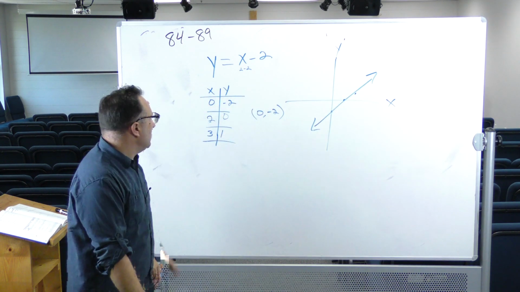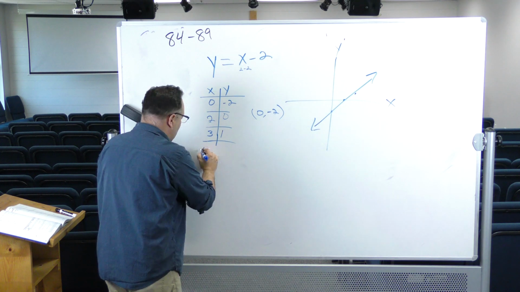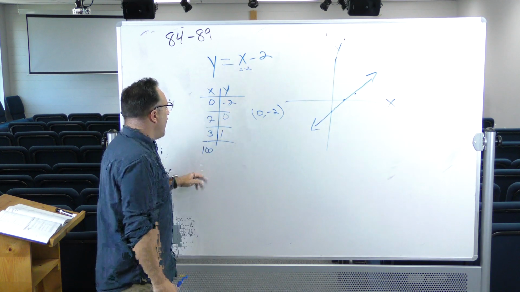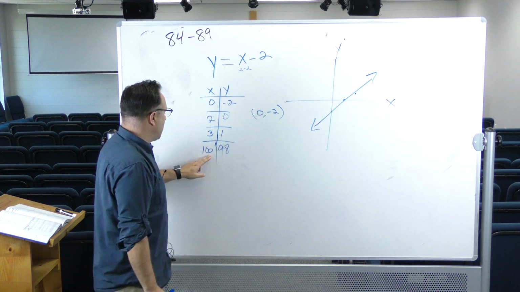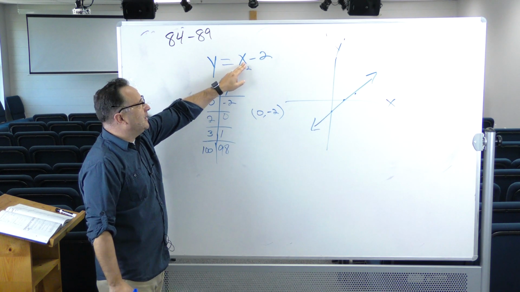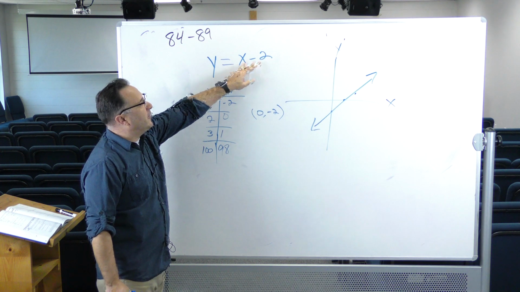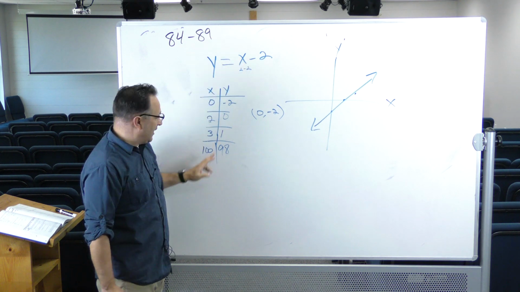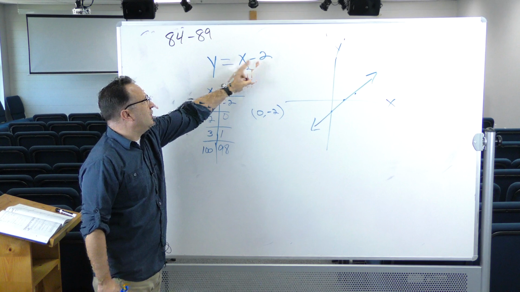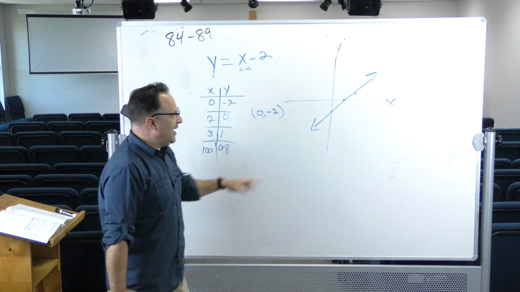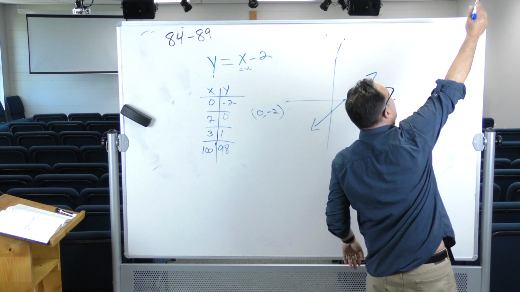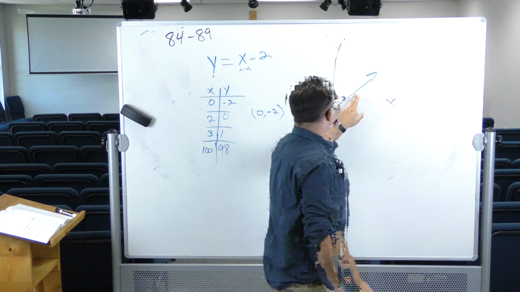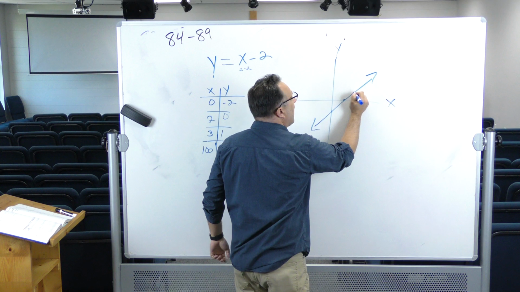Let's say you wanted x to equal 100. 100 minus 2 is 98, right? So if you take 100 for x, plug it into the problem, and solve 100 minus 2, that means y equals 98. If I were to go all the way over here to 100 this way, and way up there to 98 that way, it would fall right in line with this line right here.